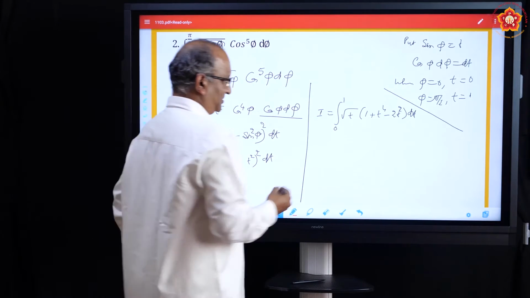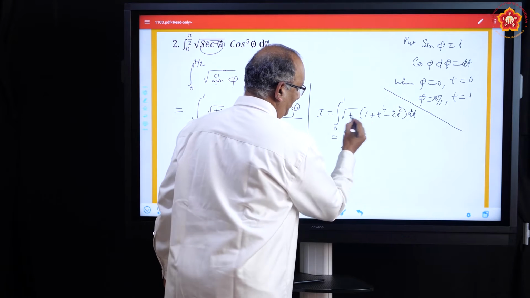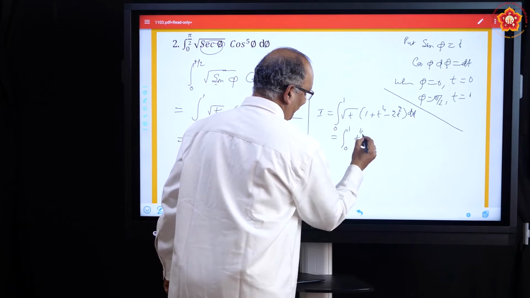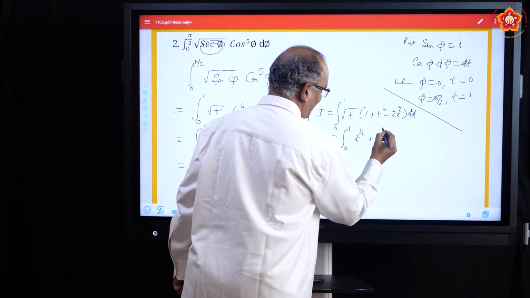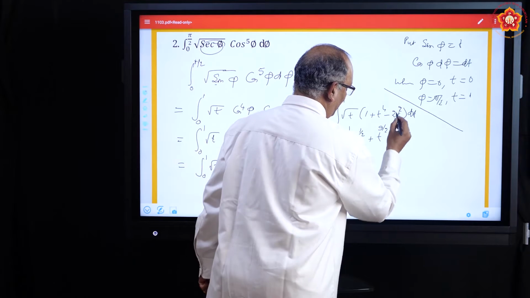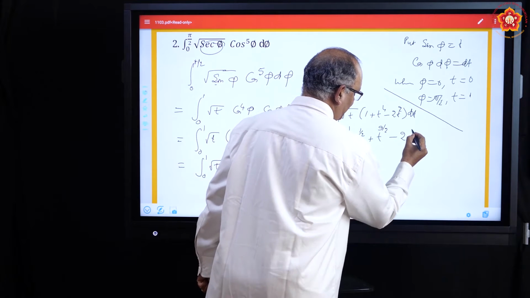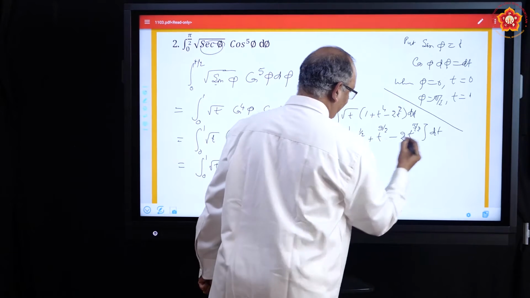Open each of the terms. 0 to 1, root t means t to the power 1 by 2, plus t to the power 4 plus half, 9 by 2, minus 2 square and half, it becomes t to the power 5 by 2 dt.